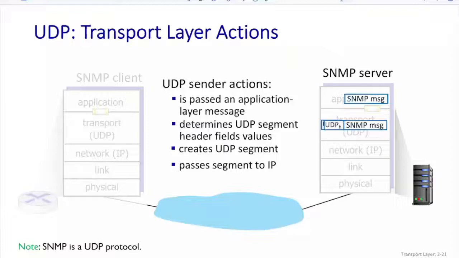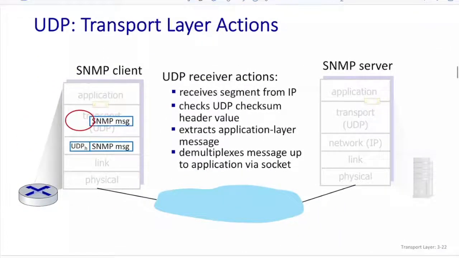It's just an example, right? We have an SNMP message, and it will go through the socket and pass to the UDP program, which will attach the UDP header in front of the message and send it to the underlying IP, and so on and so forth.